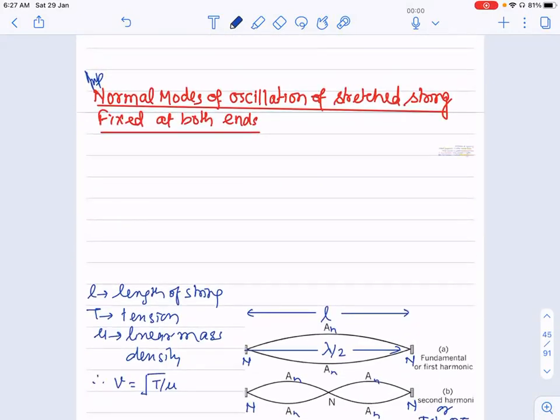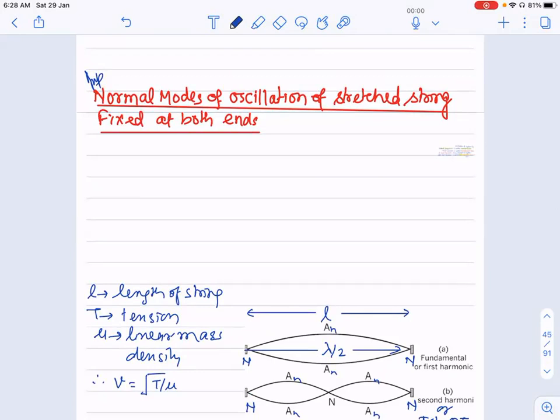We saw the rope vibrating in loops. At low frequency, the rope fixed at both ends was vibrating in a single loop, then the frequency was increased and there were 2 loops, 3 loops, and so on.